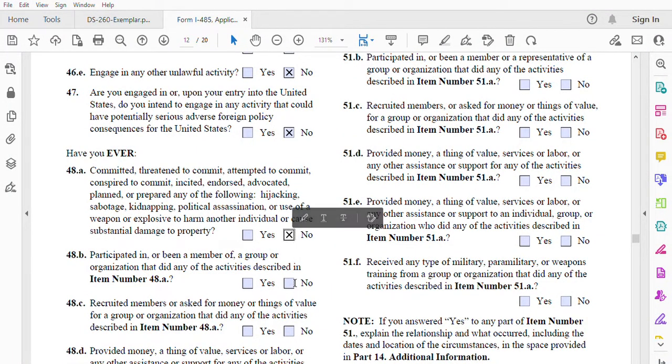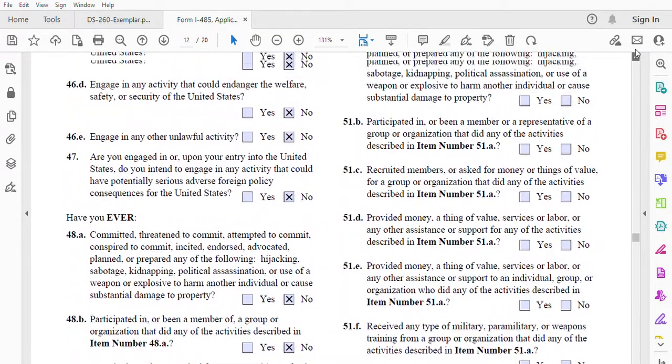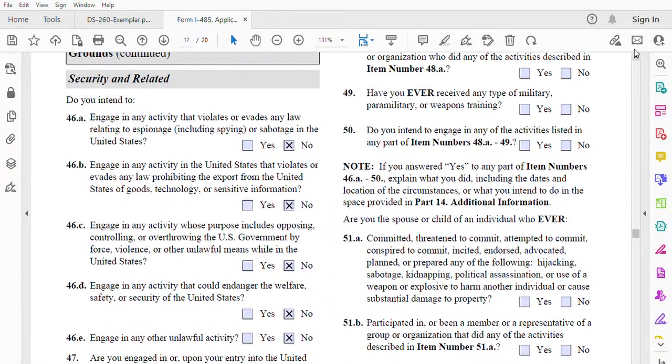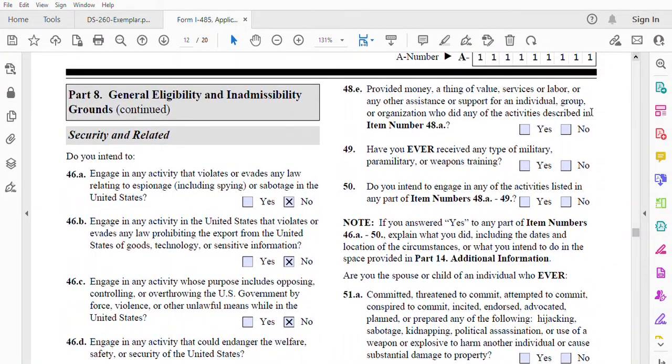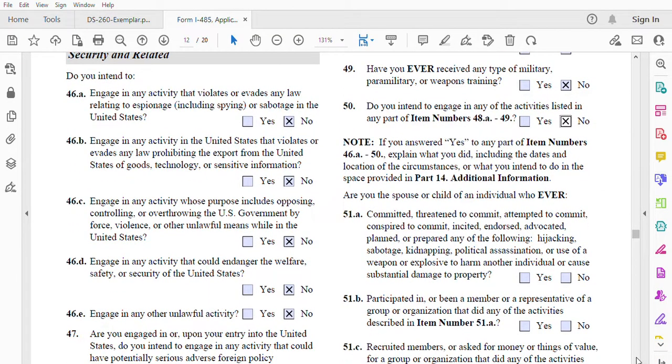No, no, no. It's no. We're going to go to the top. No. Have you ever received any type of military, paramilitary, or weapons training? No, no. Please read them carefully and answer, as I said, the one that applies for you.